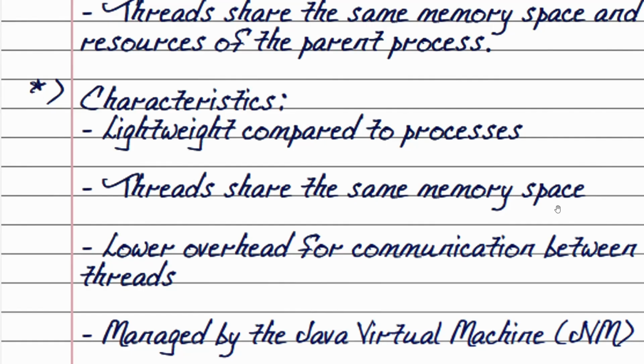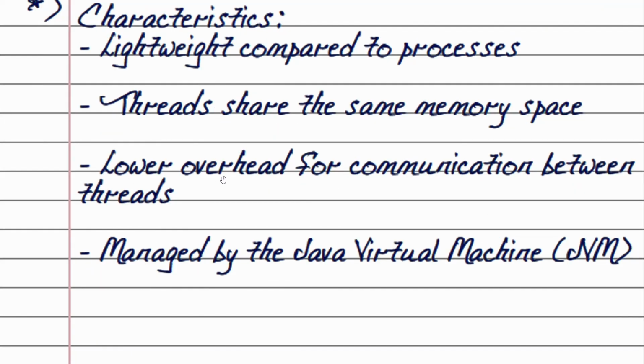But in thread-based, it shares the same memory space, because there is only one program, and within the program we break the program into threads. Next is lower overhead for communication between threads. Then, thread-based multitasking is managed by the JVM, that is the Java Virtual Machine.